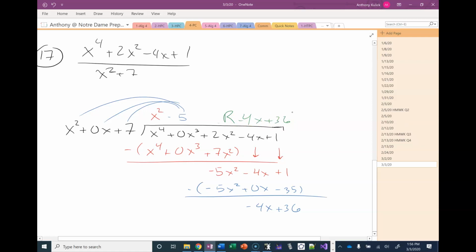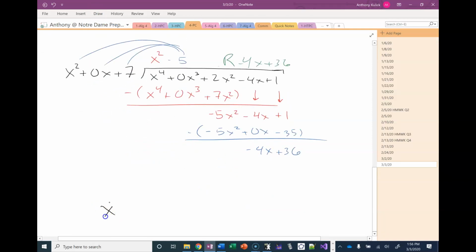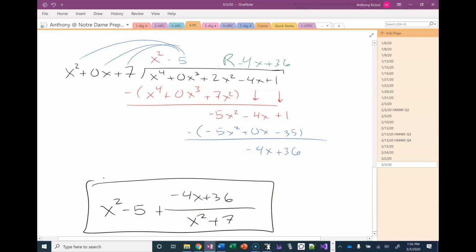So we're going to write our answer as x squared minus 5, that's the quotient, plus my remainder over my divisor. How's that, David? That's good.